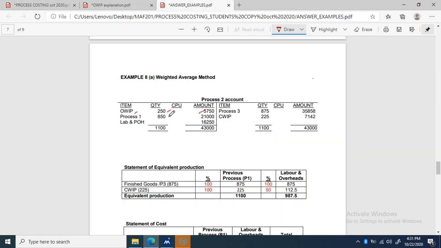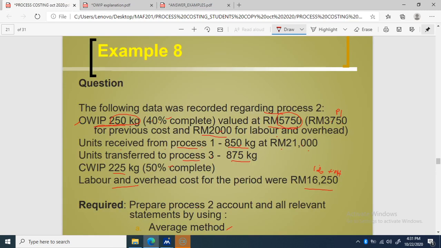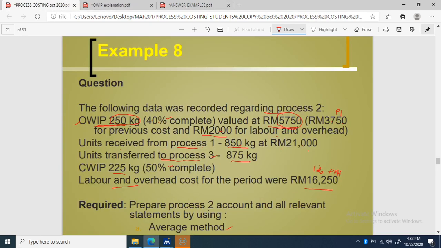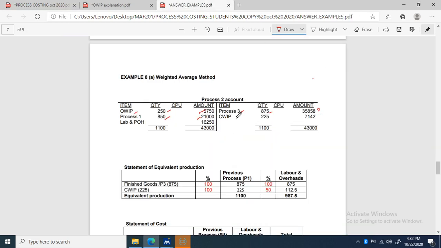Sorry, from process 1, 850 kg, 25,000. And then unit transferred to P3, that means the output, 875 kg, but we do not know the value yet. Then CWIP 225 kg at 50% complete, but the value we do not know yet.